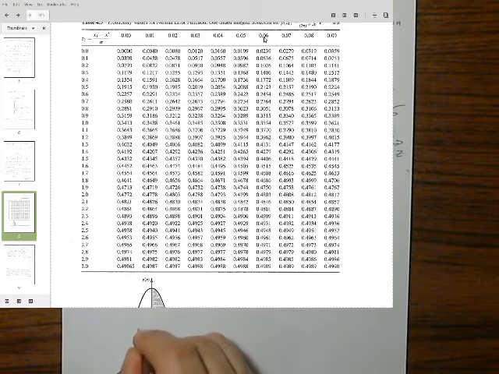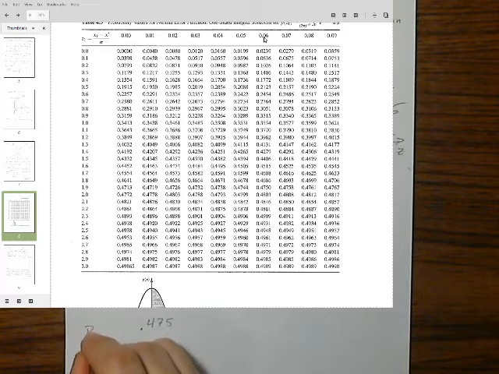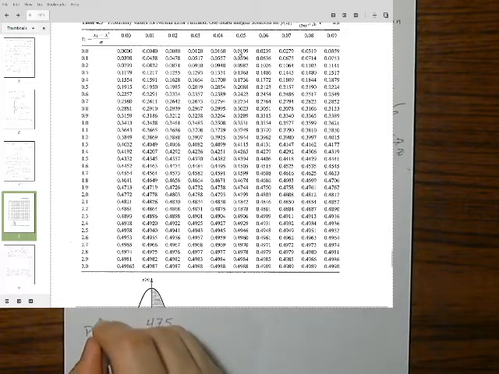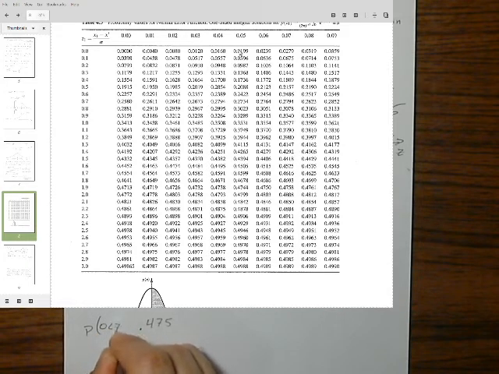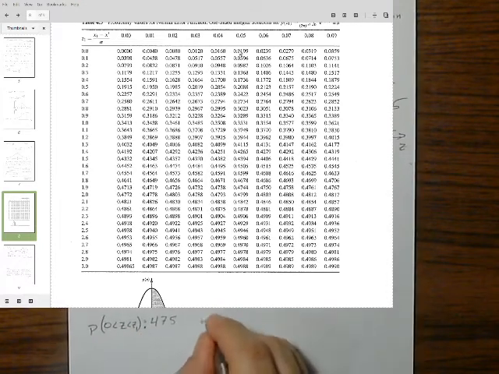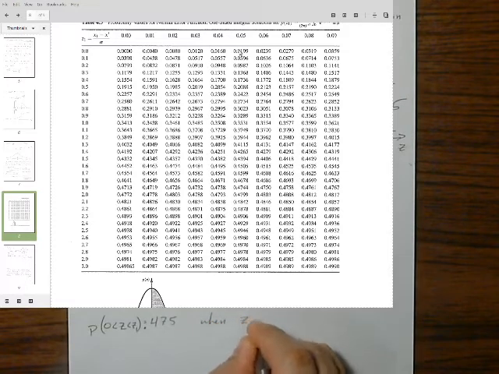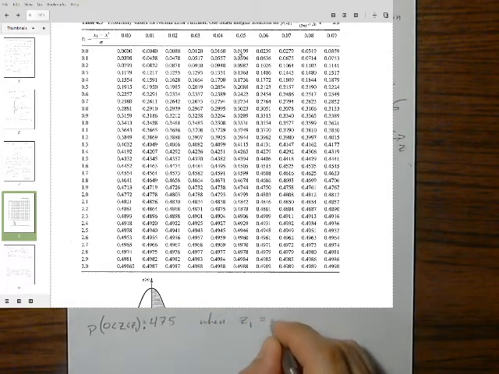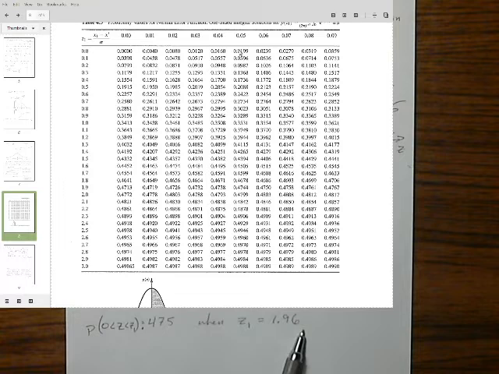So the probability that Z, so I know this is true.